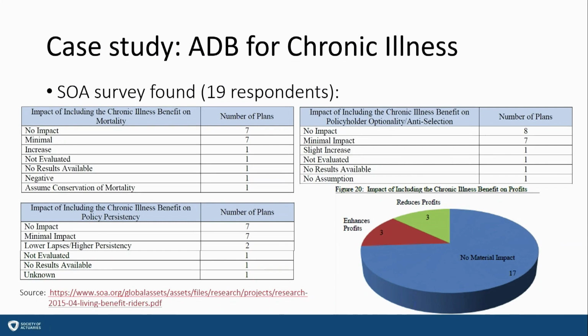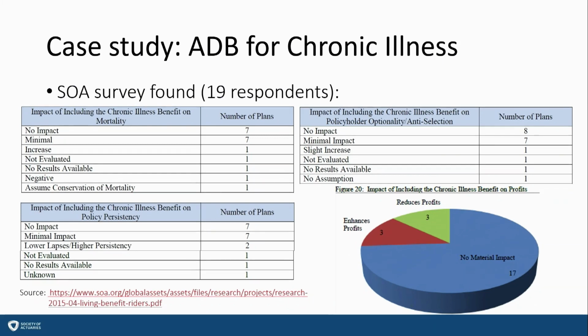And in general, if you look at the results, most of the respondents said that they see no impact or minimal impact. Now, obviously you can look at this and say it's too early, but nonetheless, there seems to be some optimism that this benefit is quite easy to add and has little impact on the overall products.